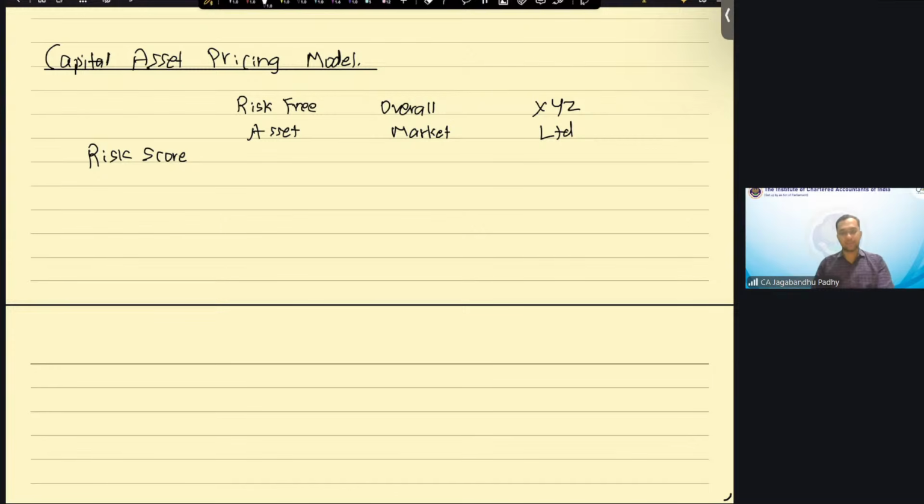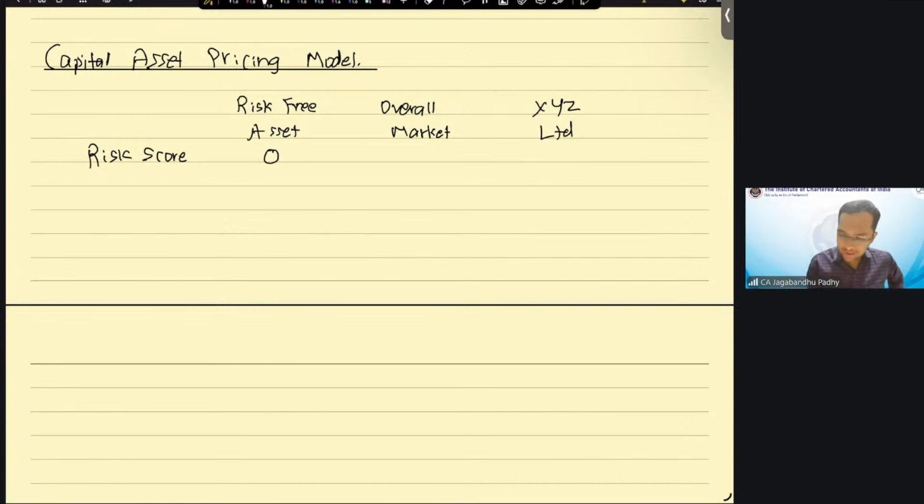What is the risk in that? Zero. Because in a risk-free security, the government can never default. Though many governments have defaulted in the past, our Indian government has never defaulted on its loan. Never. Okay. So we can say virtually there is no risk in it. So the risk-free asset is going to have zero risk.